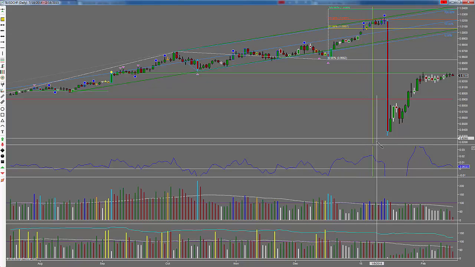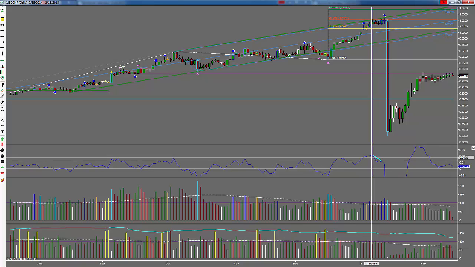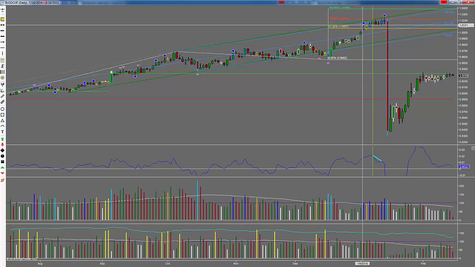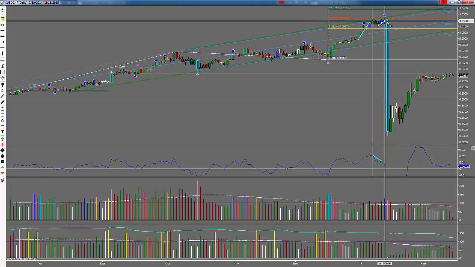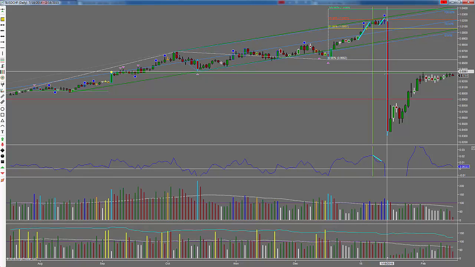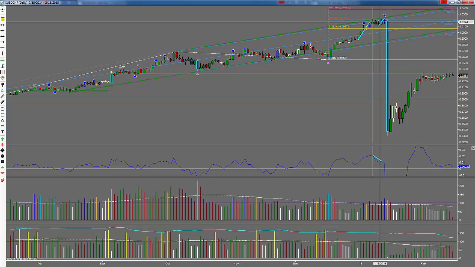Then we get this bearish divergence, just barely, in the momentum, showing us that the market's going up pretty strong, and then for the last few bars it's not going up nearly as strong. So it pulled back and then drifted back up to the top.